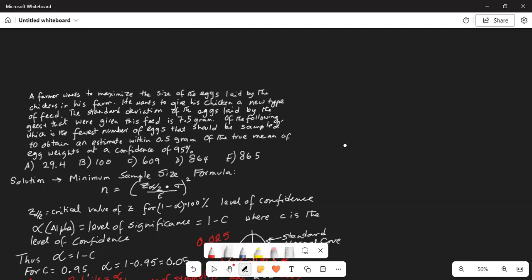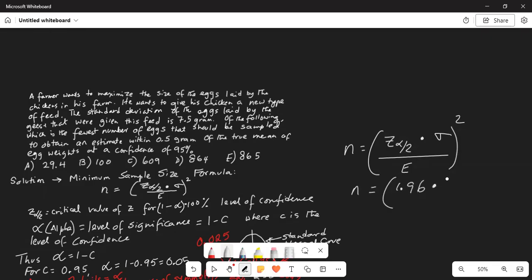So N is equal to Z alpha by 2 times sigma divided by margin of error, squared. So N is equal to 1.96 multiplied by standard deviation 7.5, and margin of error is 0.5, whole thing squared.